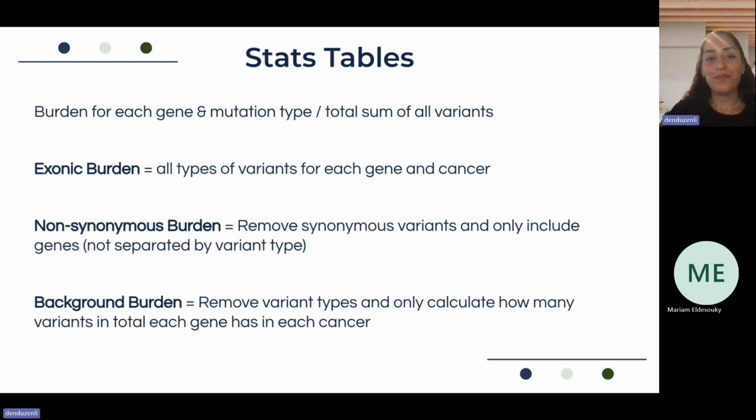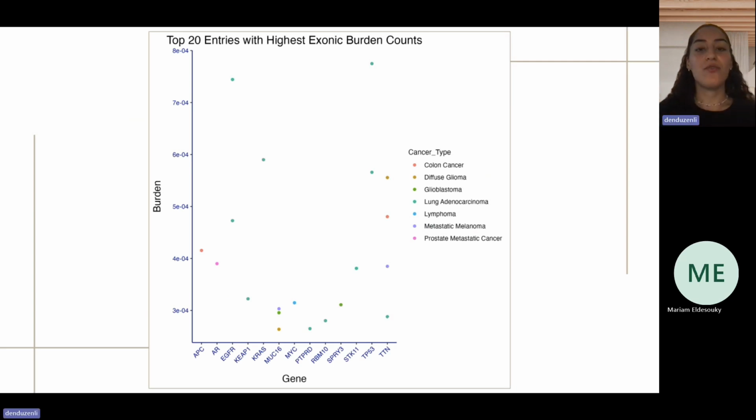Starting off with exonic burden counts, we have the genes on the x-axis, the burden value on the y-axis, and then all of the different colored points are colored by cancer type. You can see on the right side of the screen here. So if we take a look, we have a good number of genes from the top 20 entries of this list.